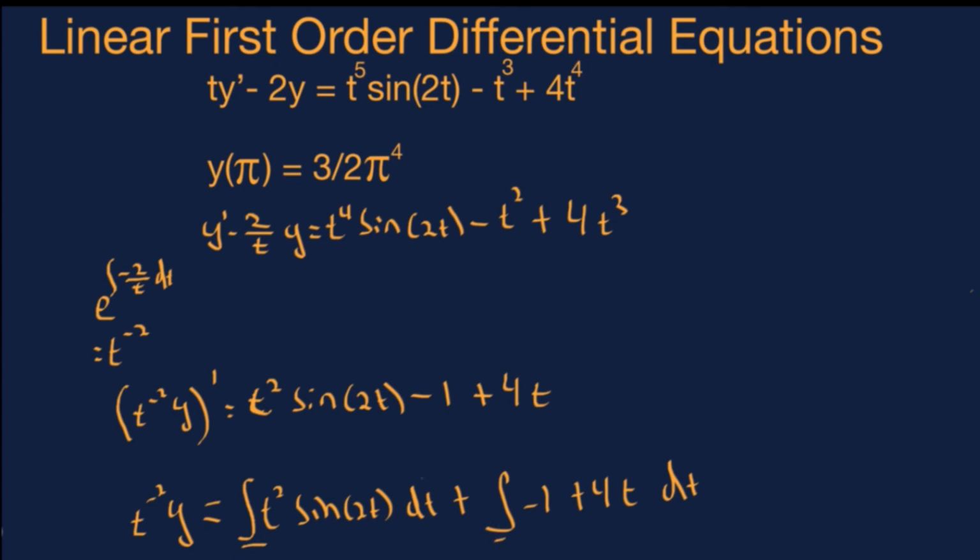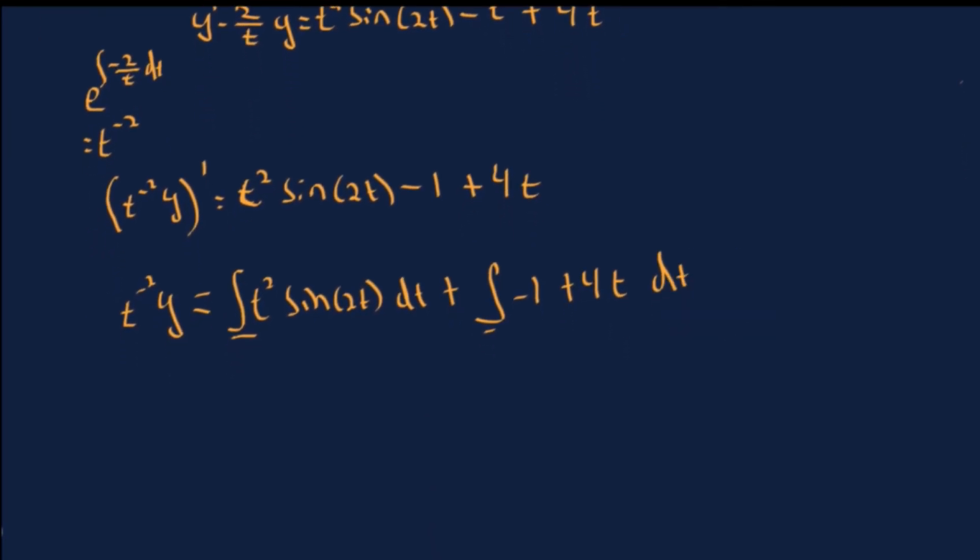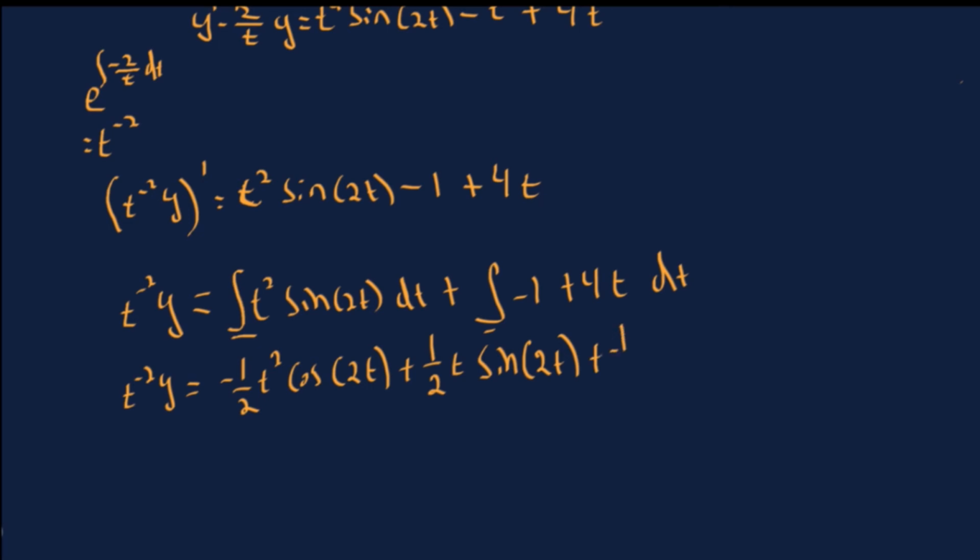So when we do that, we get t to the -2 times y equal to -1/2 times t squared times cosine of 2t plus 1/2 times t times sine of 2t plus 1/4 cosine of 2t minus t plus 2t squared plus the constant of integration.